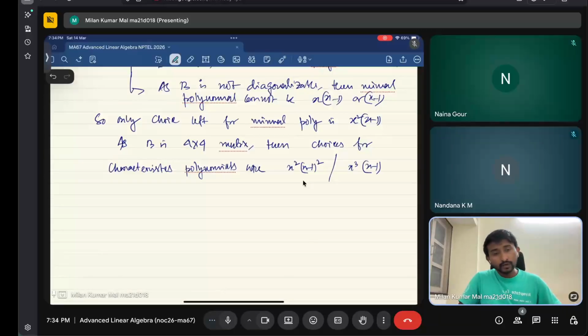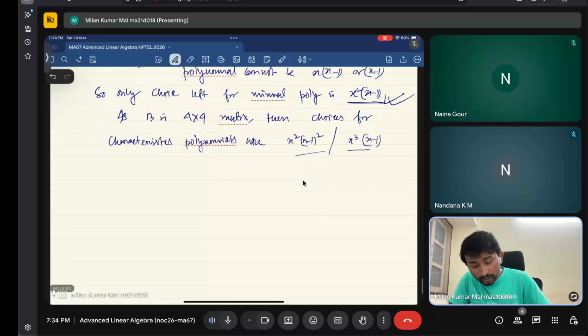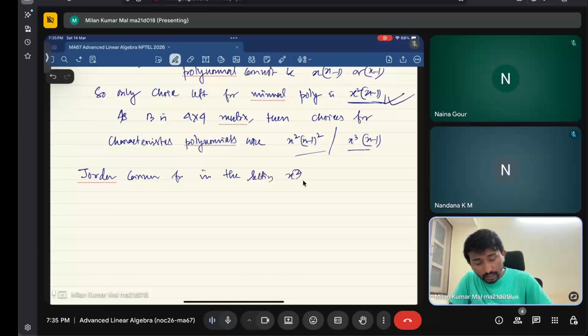So you can go to a degree 4 polynomial by either increasing the power of x or increasing the power of x minus 1. Now, in the setting where the minimal polynomial is x squared into x minus 1 and the characteristic polynomial is x squared into x minus 1 squared, we find the Jordan canonical form.